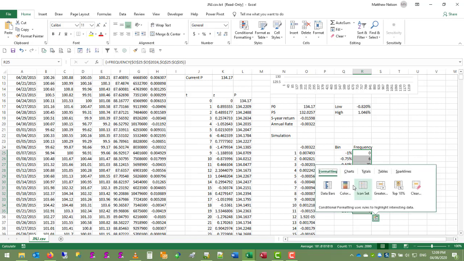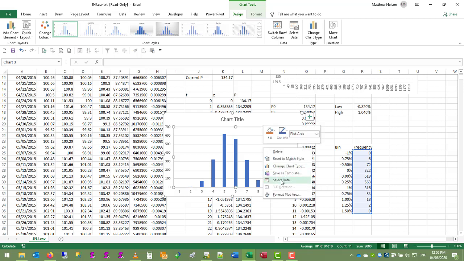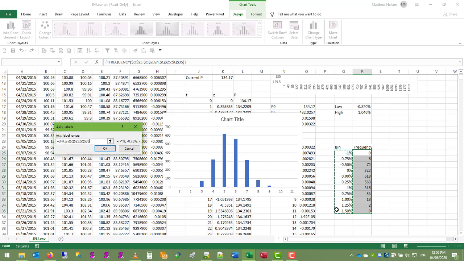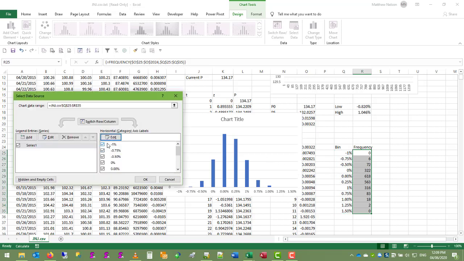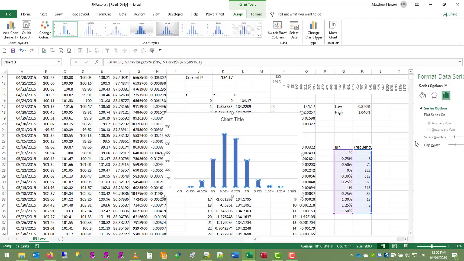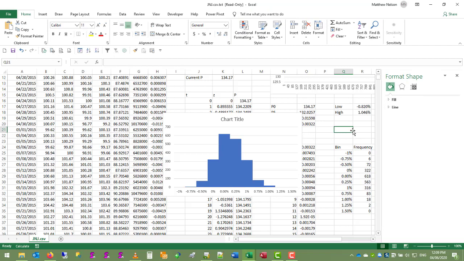So we can chart this. We can add the labels. And we can make the histogram look a little bit more traditional by changing the overlap and gap width. And that's our distribution.